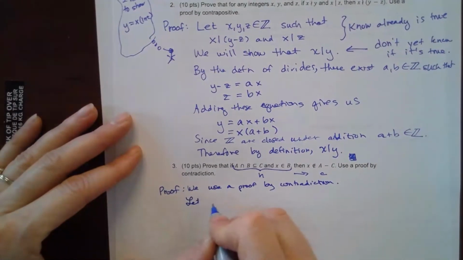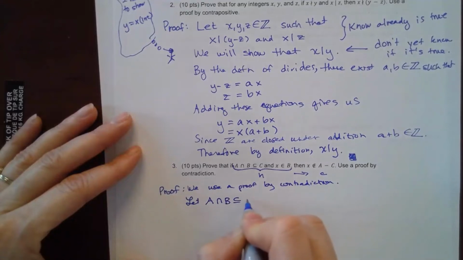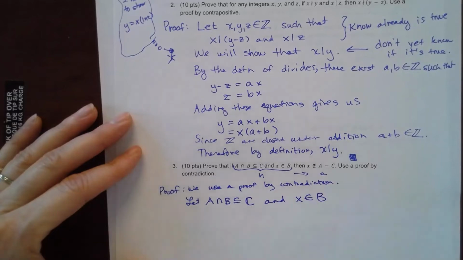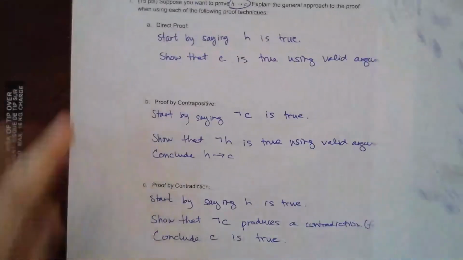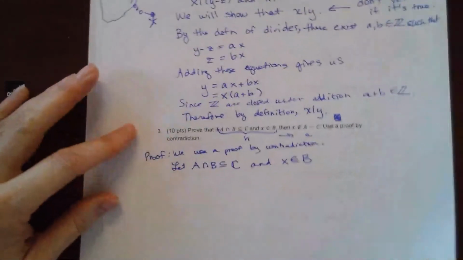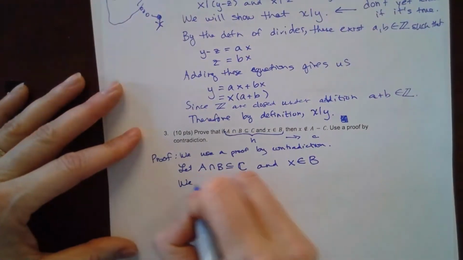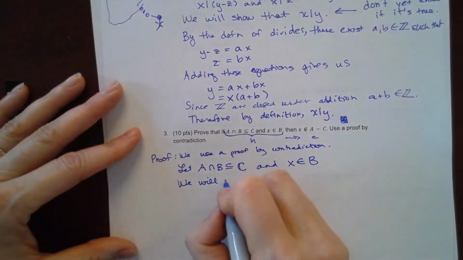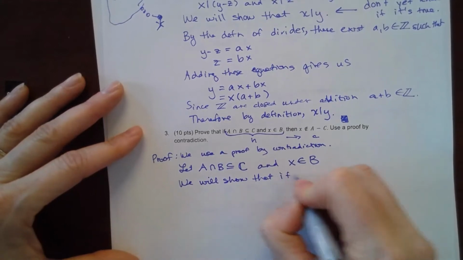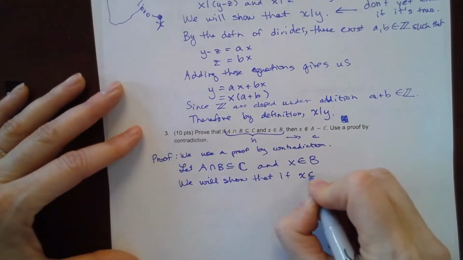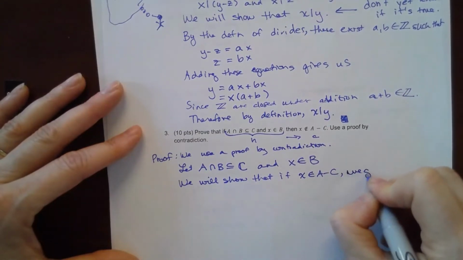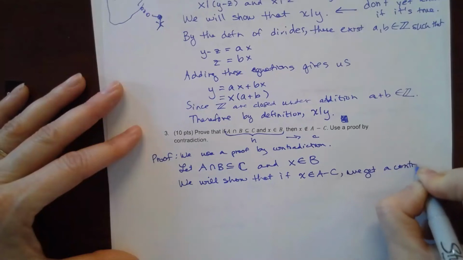So we say let A intersect B be a subset of C, and x an element of set B. Then let's just say we will show that if x is actually an element of A minus C, we get a contradiction.